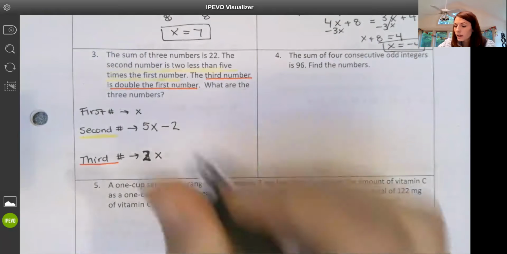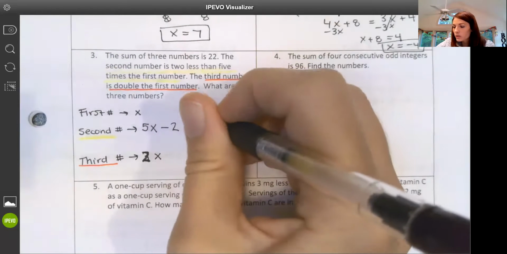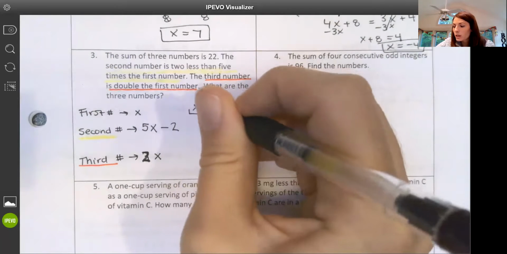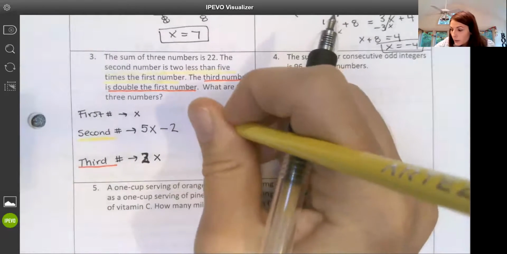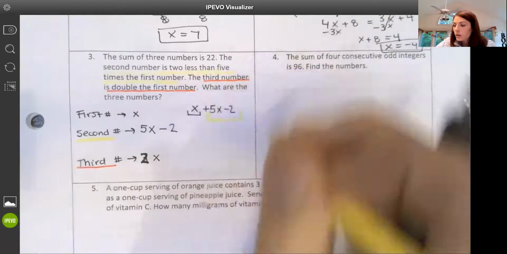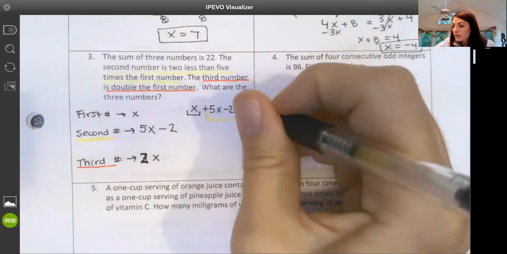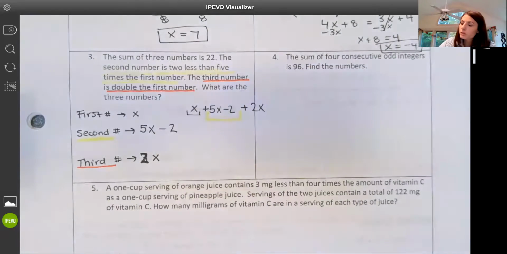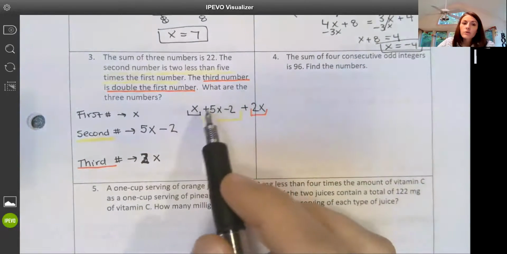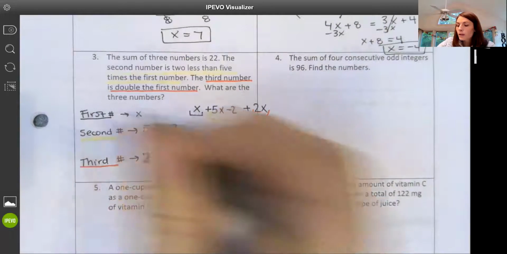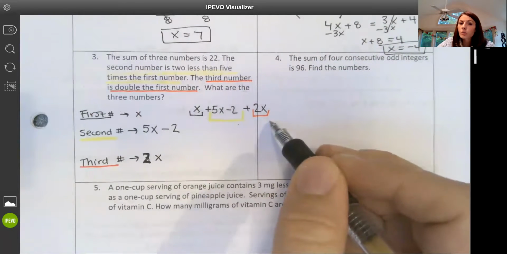So then my setup is going to be, here's the first number plus here's the second number, plus here's the third number. Okay, first number, second number, third number.